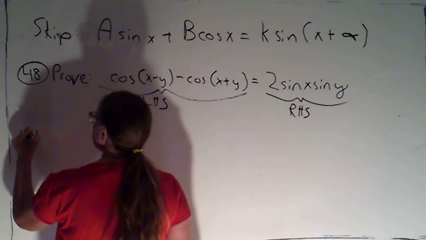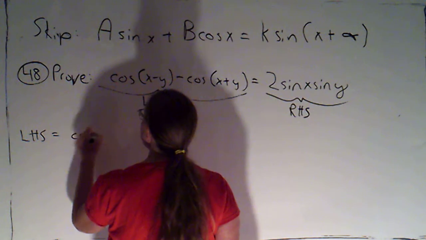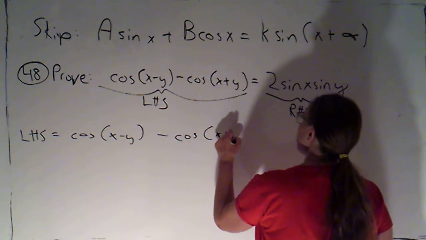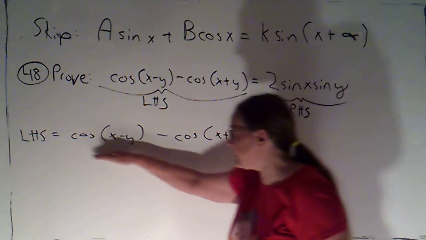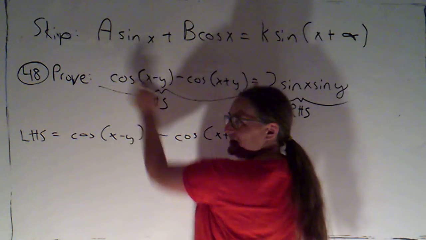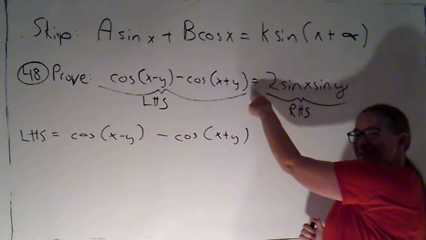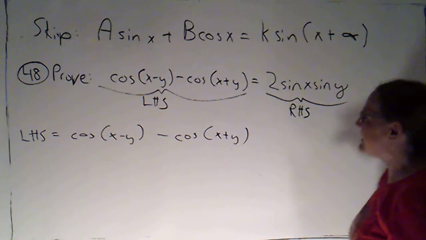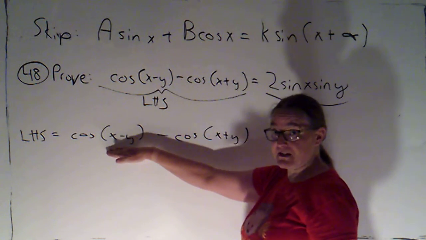So the left-hand side is cosine of x minus y minus cosine of x plus y. Again, I'm just copying it out. This copy is off limits because it's connected with an equal sign that I haven't justified to the right-hand side. So it looks like here I'm using the difference formula.